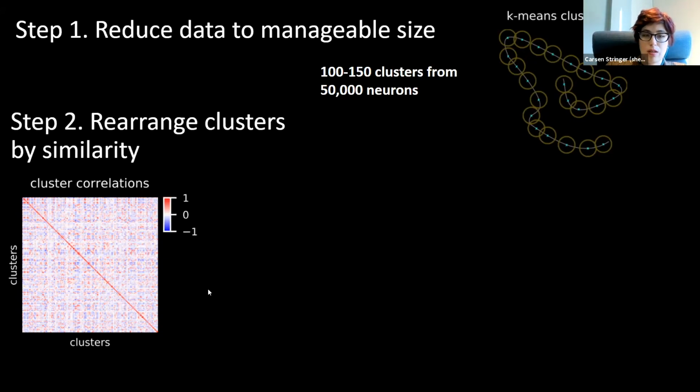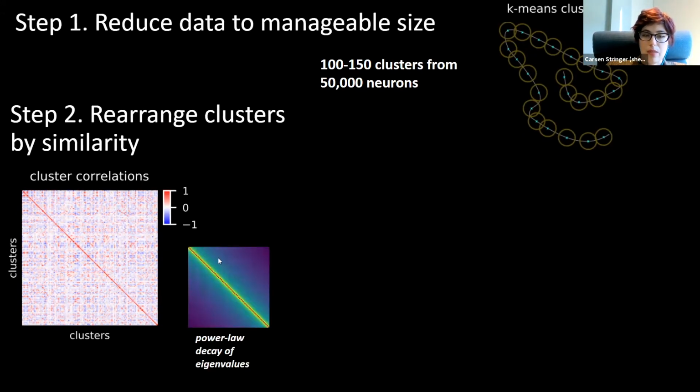We think it's important to enforce this power law decay of the eigenvalues. So a matrix that has a power law decay of eigenvalues has this heavy tailed decay along the off diagonal. And this is so that we don't want to just explain local structure. We also want to explain the global structure of the data.